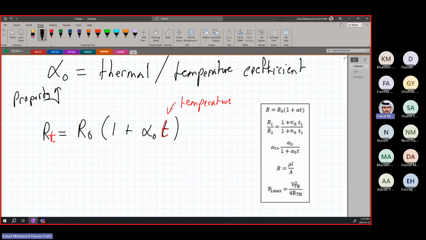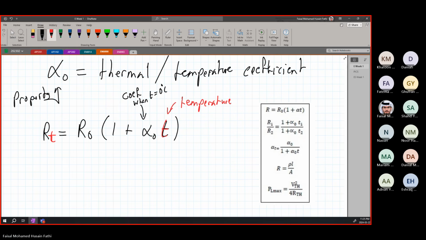When we say 0, what do we mean? We mean this is the initial coefficient, when T equals 0 degrees Celsius. Okay, so this is alpha 0.